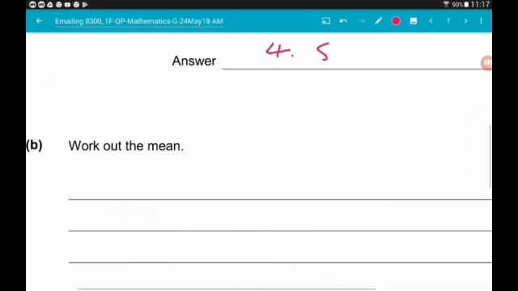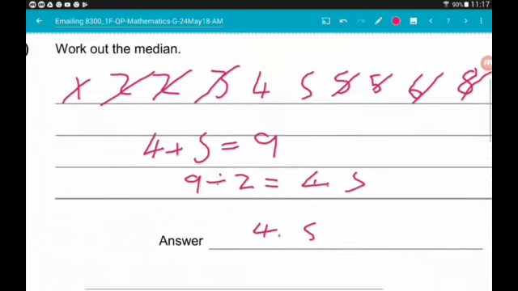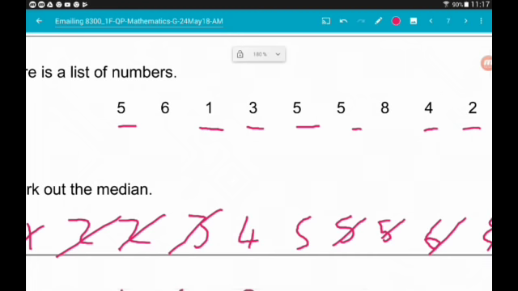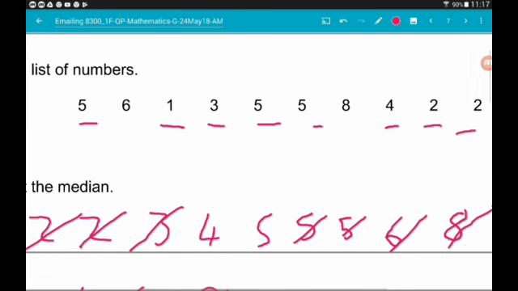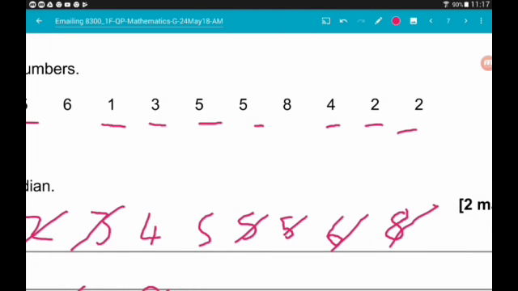Part B wants us to work out the mean. So to work out the mean, we add them all together and divide by how many there are. So 5 add 6 is 11, add 1 is 12, add 3 is 15, add 5 is 20, add 5 is 25, add 8 is 33, add 4 is 37, add 2 is 39, add 2 is 41.